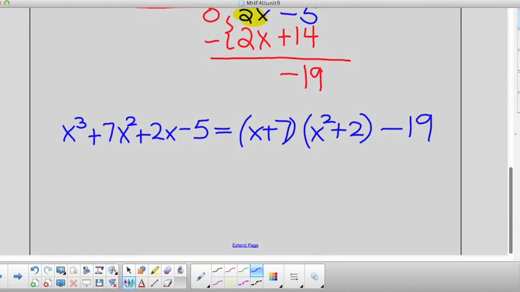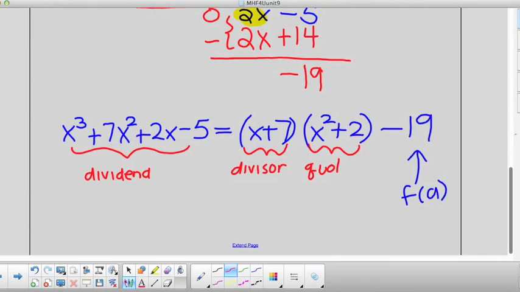This shows, by the remainder theorem, when a polynomial f of x is divided by x minus a, the remainder is f of a. Negative 19 represents my f of a. Does that make sense? Okay.